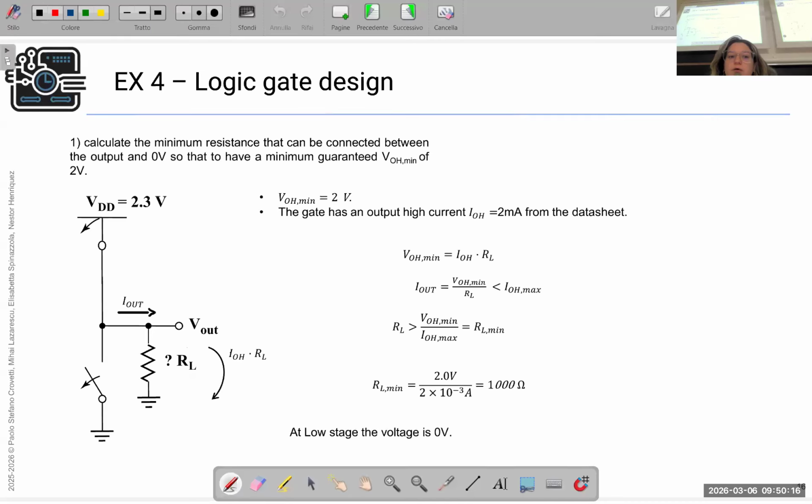So here we have the load resistance, and we want to know its value, since the minimum output high voltage is 2, as given by the exercise. To go through this, we have to see the current that this gate gives as output in the high level.